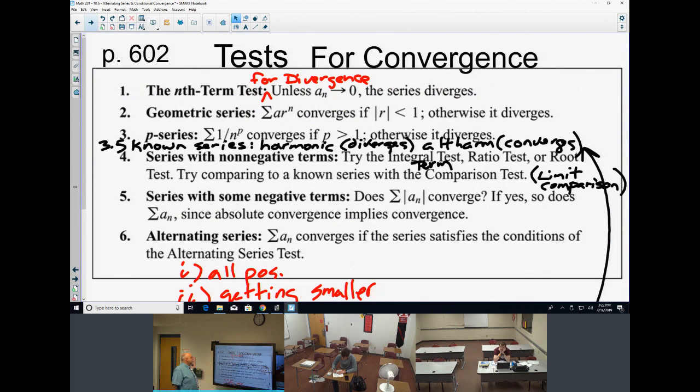So this is how we've tested for convergence. The first test that we did was the nth term test for divergence. There, if a sub n doesn't approach 0, the series diverges. If it does approach 0, then we don't know.